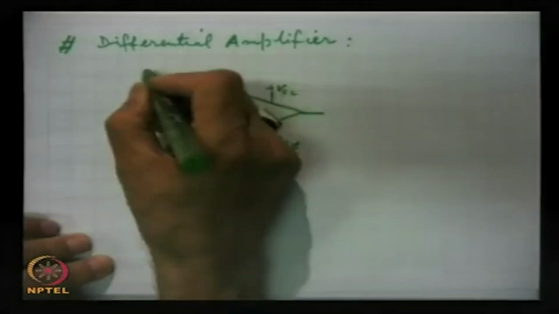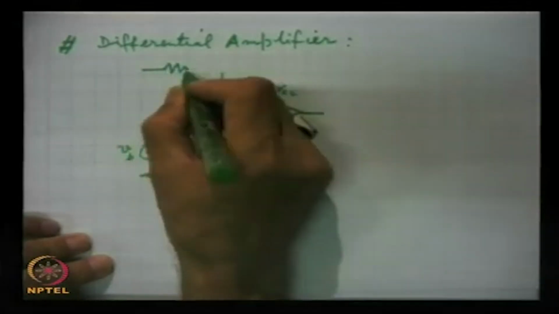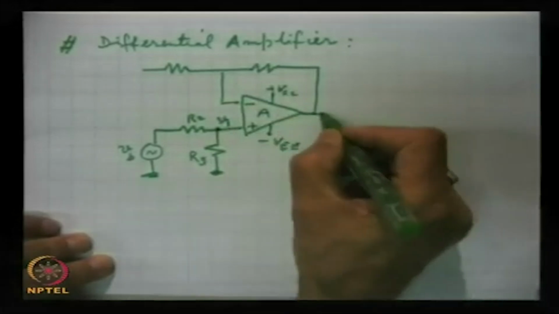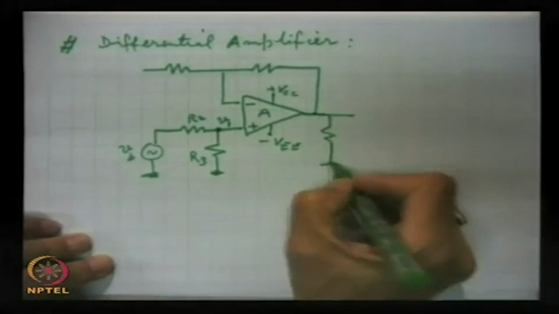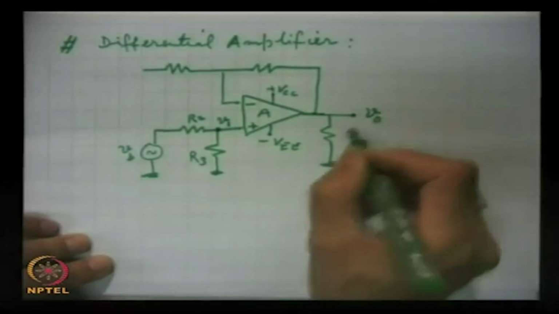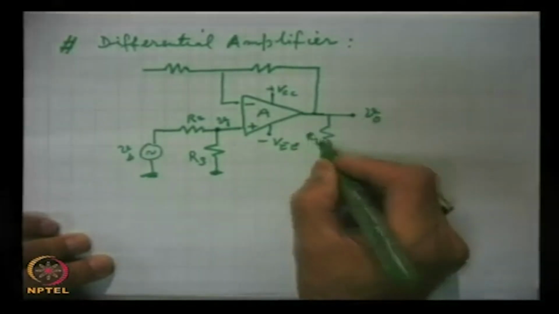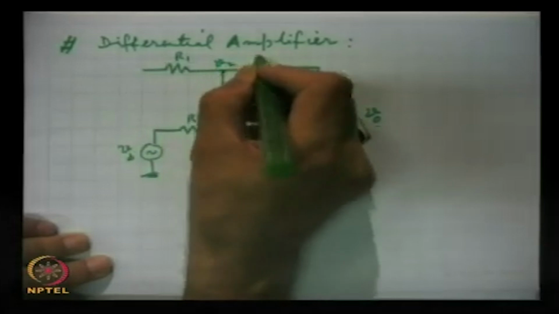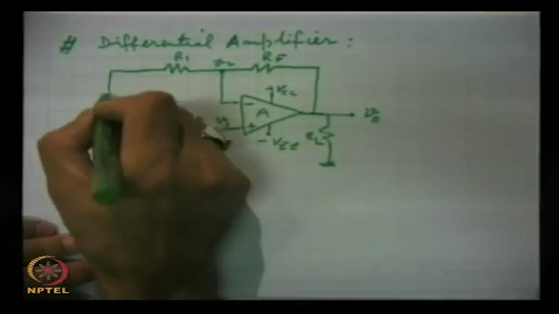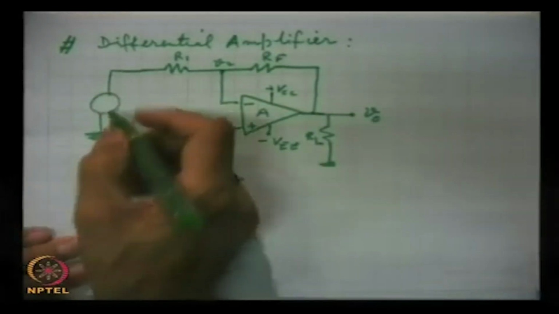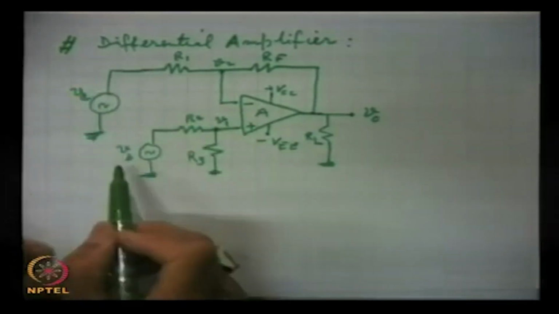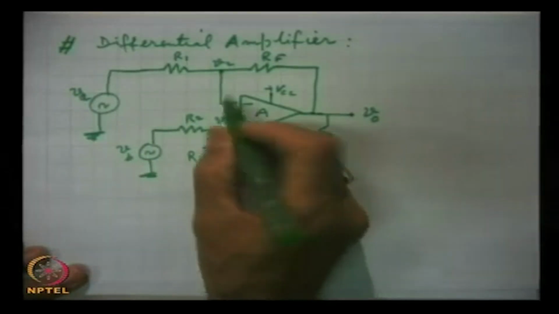Similarly, here R1, this is V2, and this is RF, and here is the other input signal VA, VB, and this is 1 and 2.